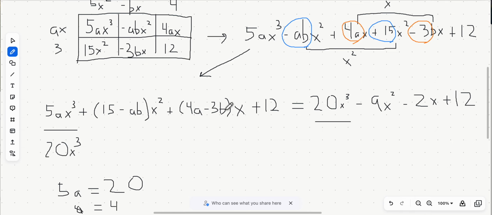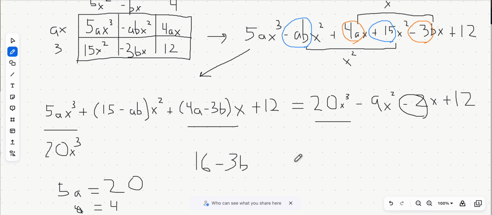All we need to do now is solve for the value of b, and there are a few different ways we can do it. You can come over here to your x term: if the value of a is 4, well, 4 times 4 is 16, so now we have 16 minus 3b. Let's look at the right-hand side of our equation. What's the coefficient in front of x over here? It's a negative 2.